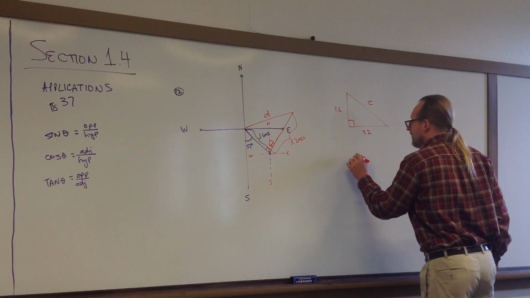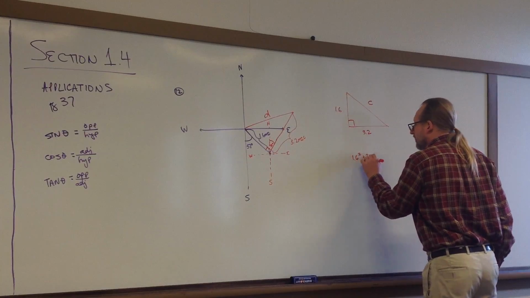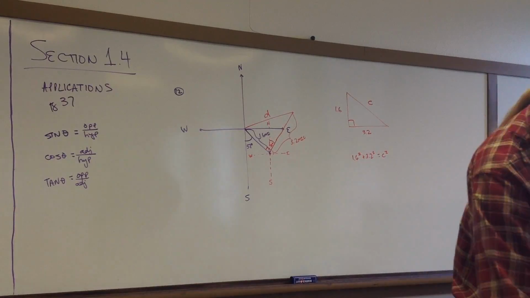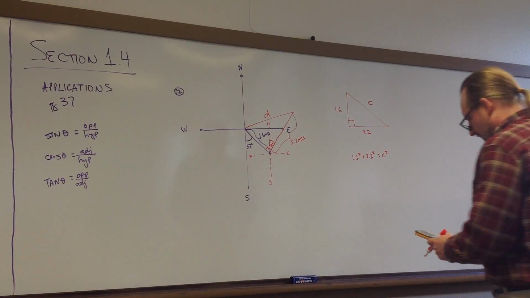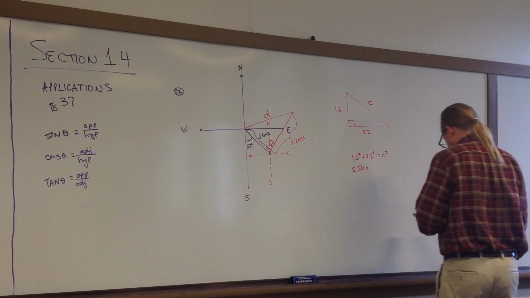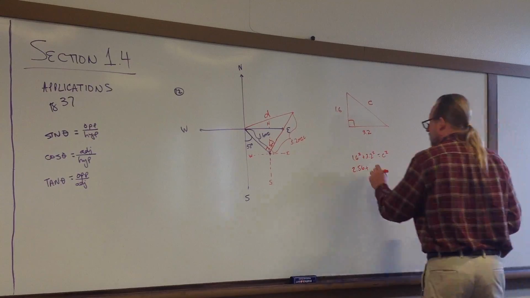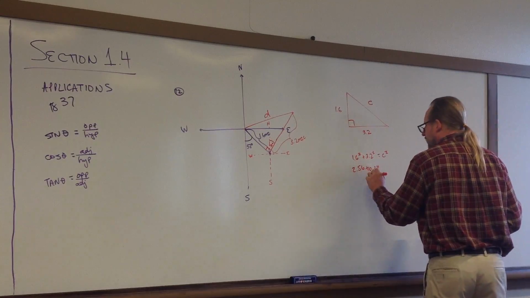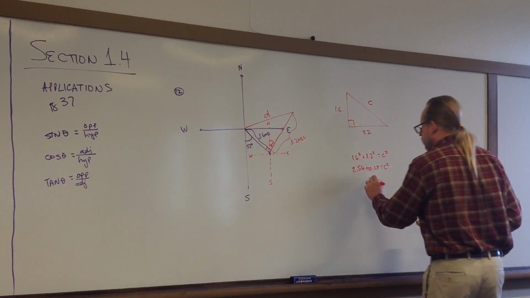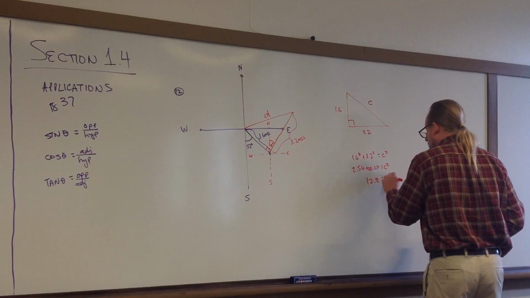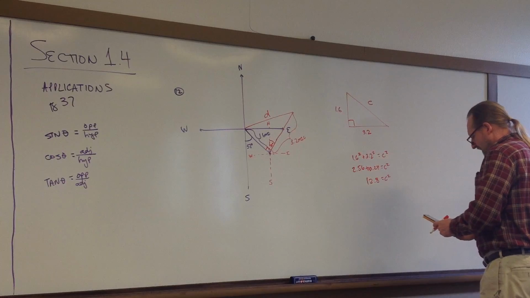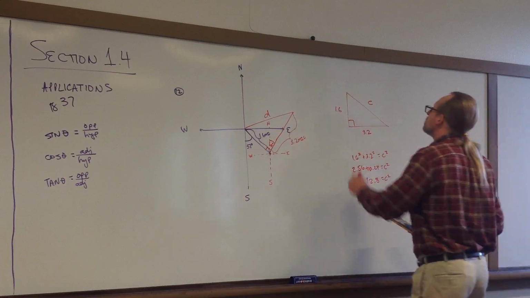So this is C. We'll say 1.6 squared plus 3.2 squared is going to be C squared. 1.6 squared is 2.56, 3.2 squared is 10.24, which gives 12.8, and then we'll square root that: 3.577 approximately.